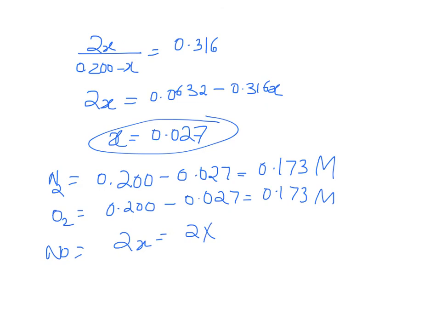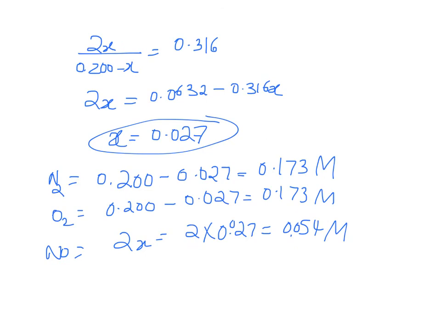So 2 times 0.027 comes out to be 0.054 molar. And you can check your answer if you want to by substituting the computed equilibrium values into the equilibrium expression and seeing what you get.